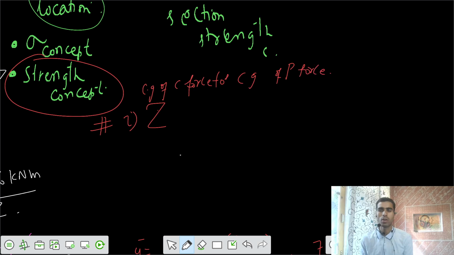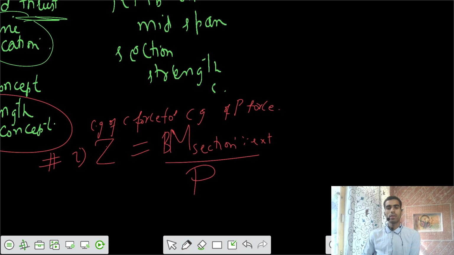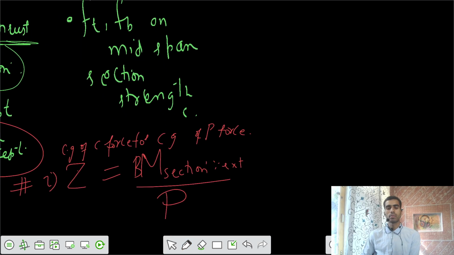That is also called the shift of the P line from the cable line. So Z is equal to the bending moment on that section because of external loads divided by the prestress force P. Now we need to say what the bending moment at that section is.